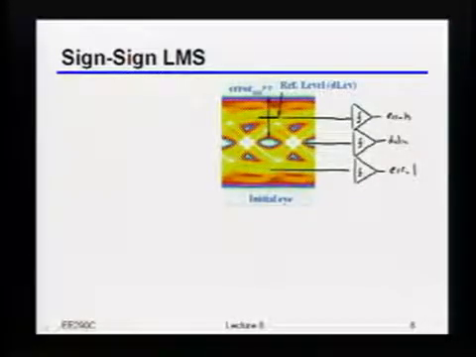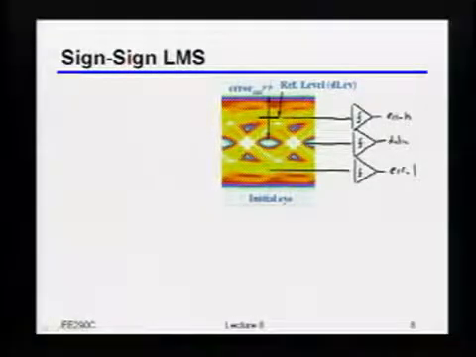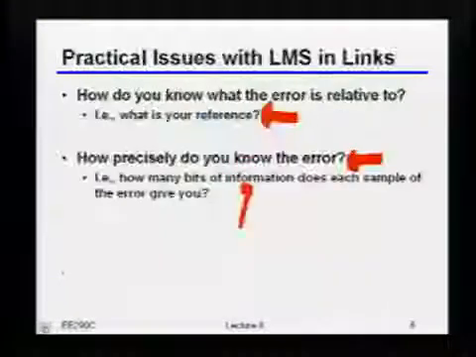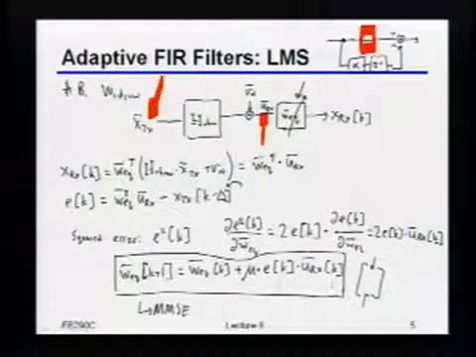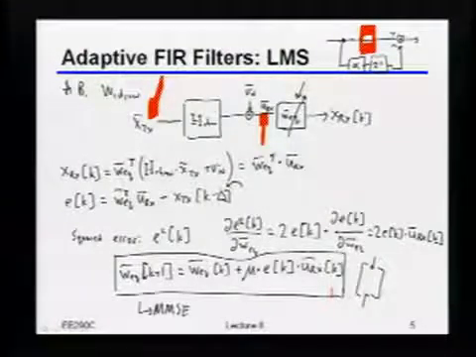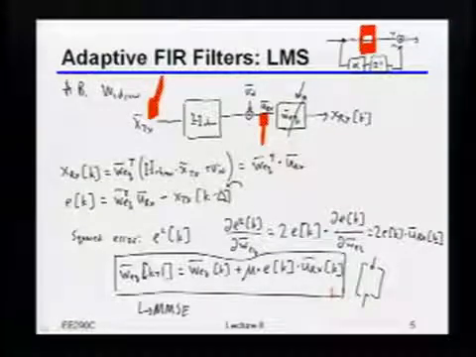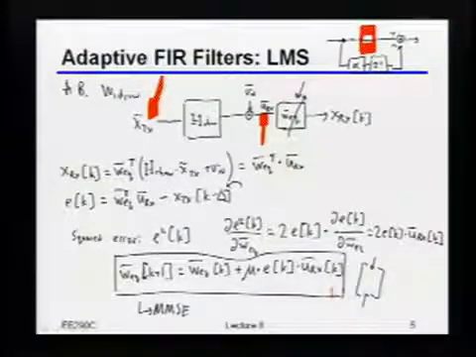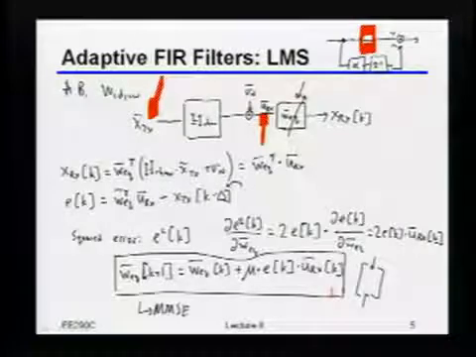Okay? Because as it turns out, and the real details of this are actually hard to prove, because what you're really doing is correlating these things against each other, as long as the quantization error you get from doing those sign operations is uncorrelated between the two things, you're still going to get the right answer on average.